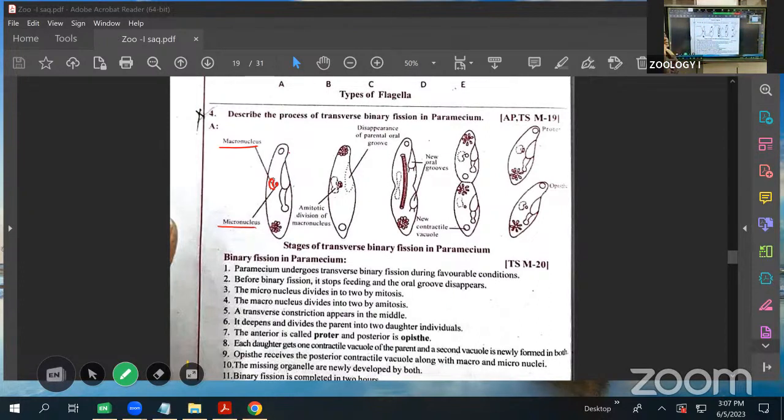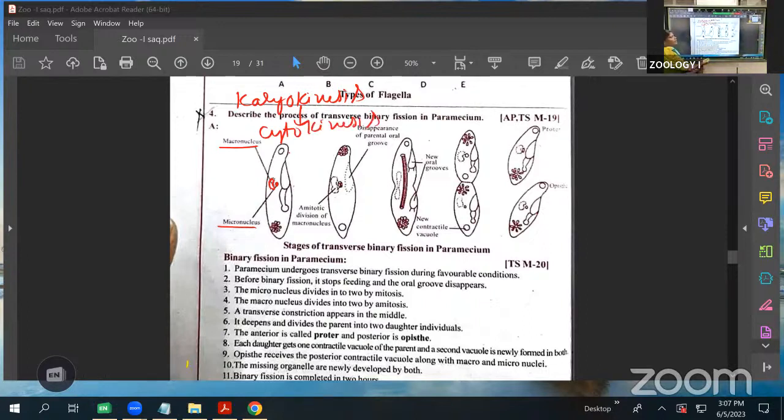In binary fission, the parent individual is divided into 2 daughter individuals. In that process, first karyokinesis occurs, and next cytokinesis, where the cytoplasm is divided. Kinesis means divide.